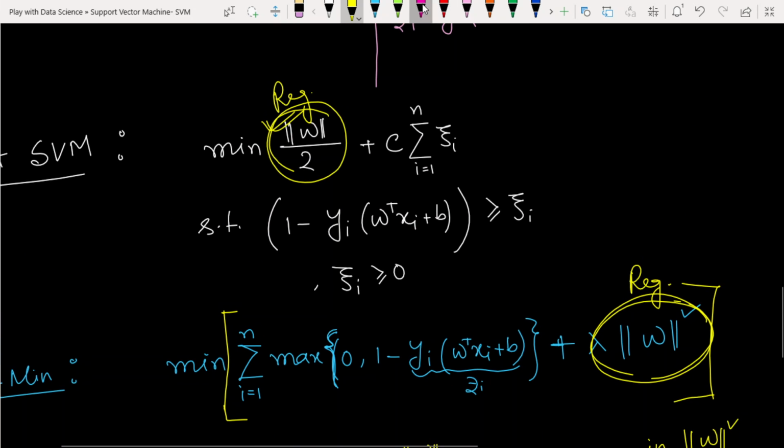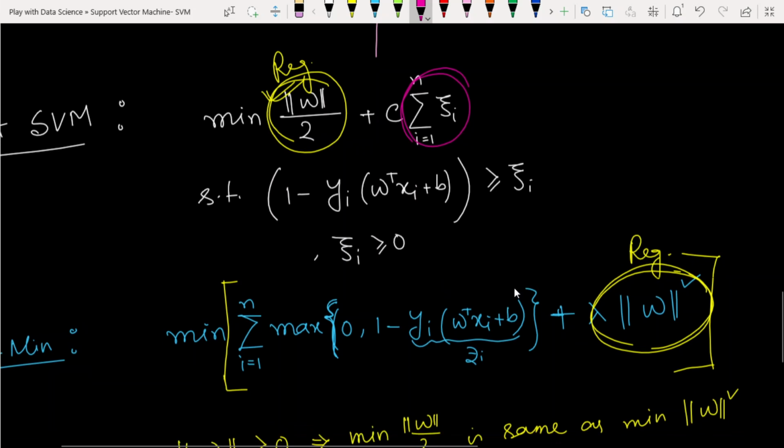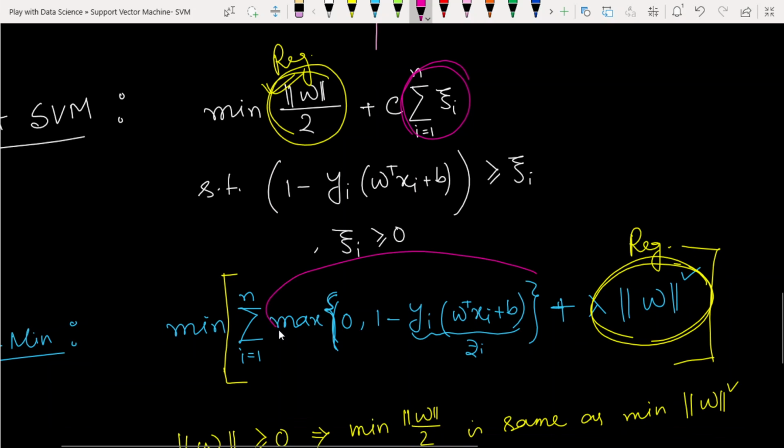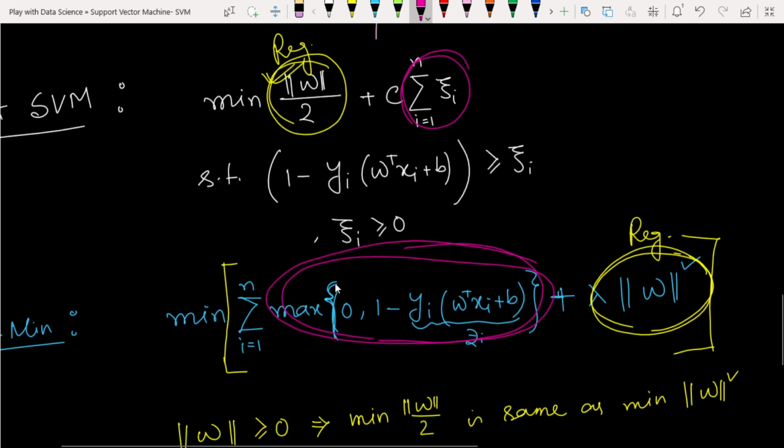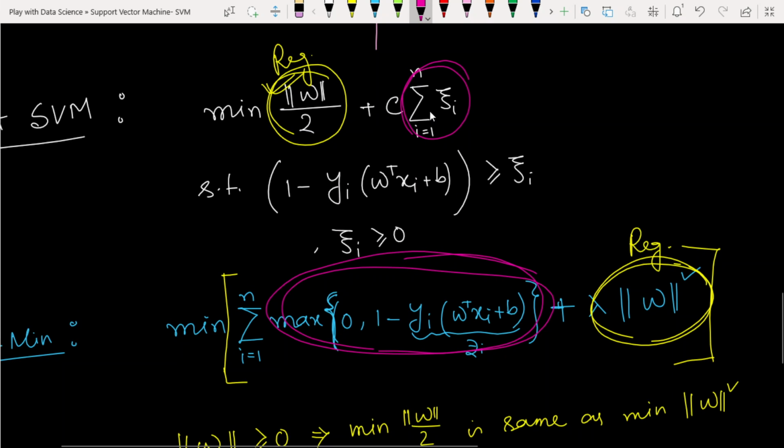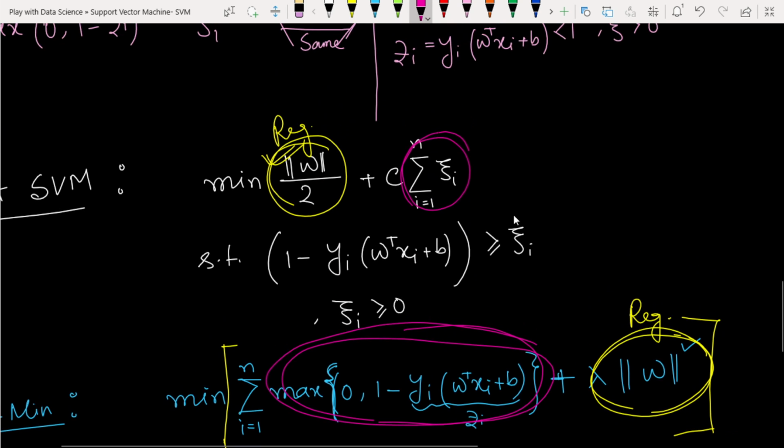Now let's consider these two terms. This is actually the loss in the soft margin SVM.